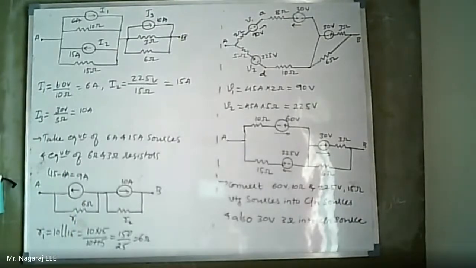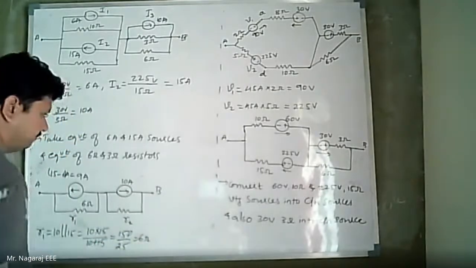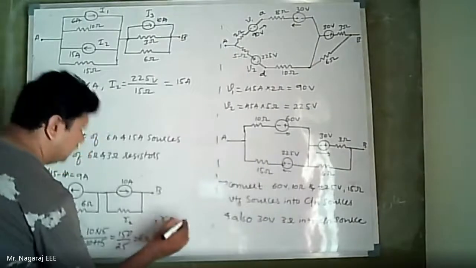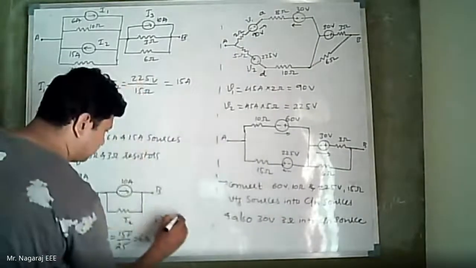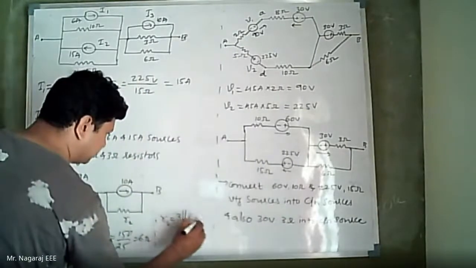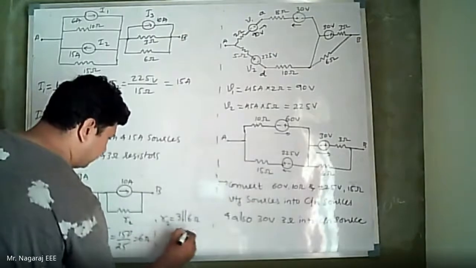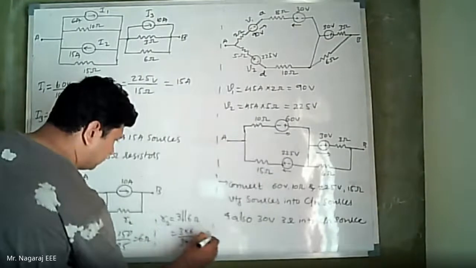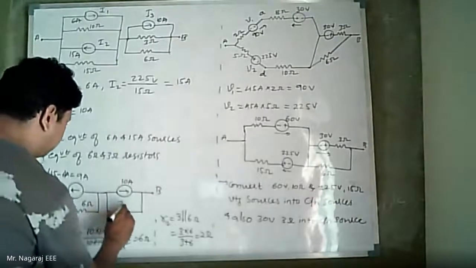Now what is R2? R2 is 3 parallel 6 ohms, which is 3 into 6 divided by 3 plus 6, 2 ohms. So this is 2 ohm.